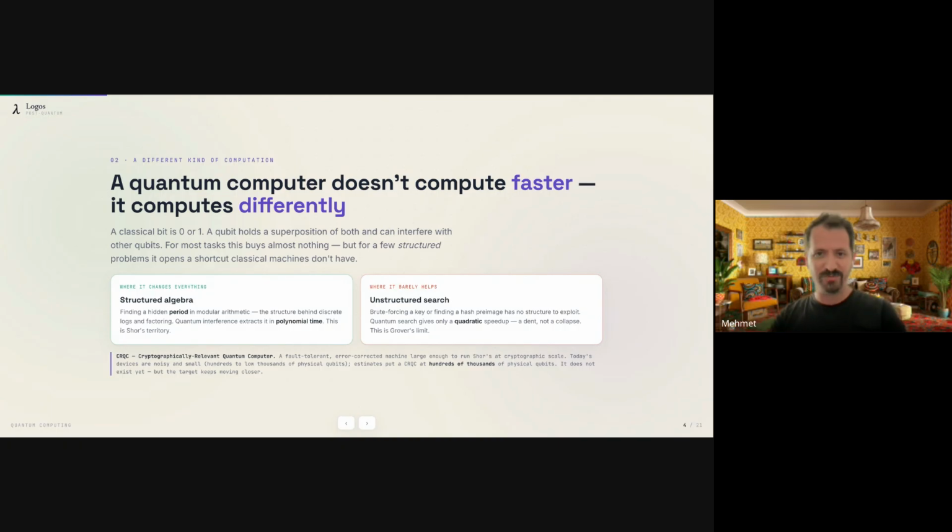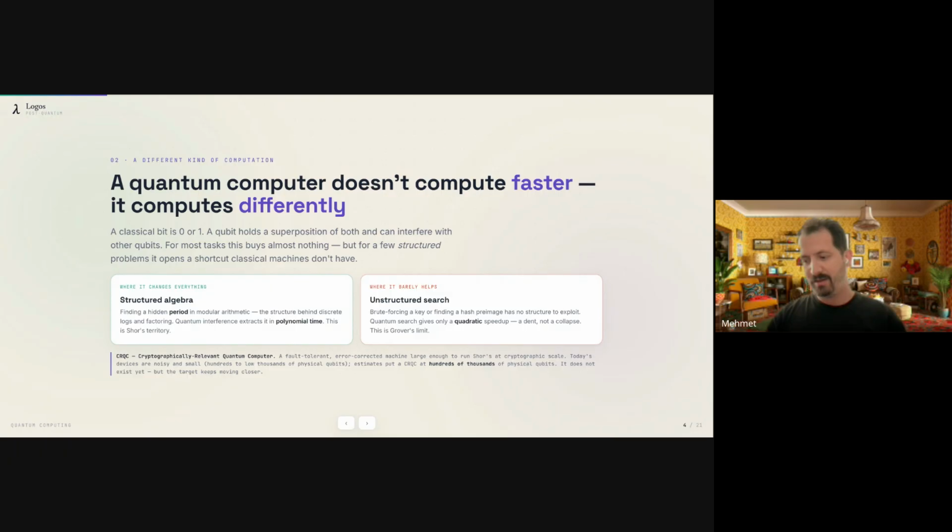We call this property superposition. Therefore, quantum computers can calculate some things more efficiently than classical computers, but we cannot say that using a quantum computer you can do everything more efficiently than a classical computer.